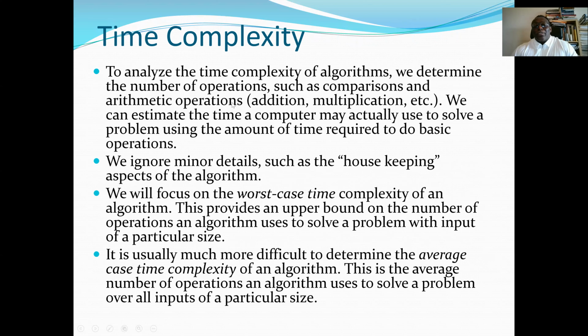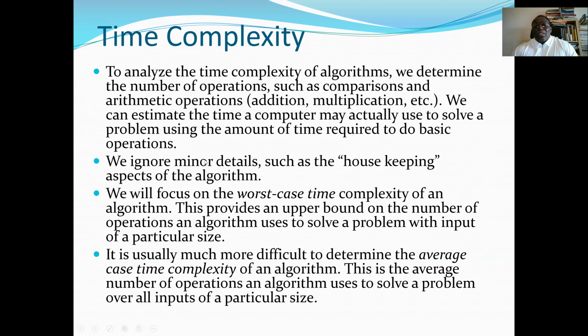So in order to analyze the time complexity of an algorithm, first we need to determine the number of operations, as we said earlier. And operations can be comparisons or arithmetic operations such as addition, subtraction, division, etc. We also would need to consider the hardware and the software platform, but again, in this textbook, we are going to ignore that part and focus more on the mathematical aspect to analyze.